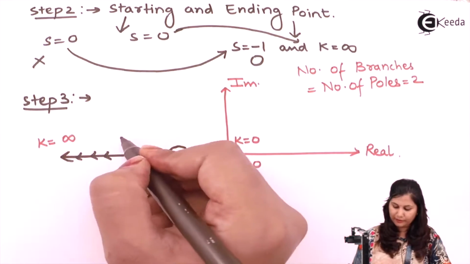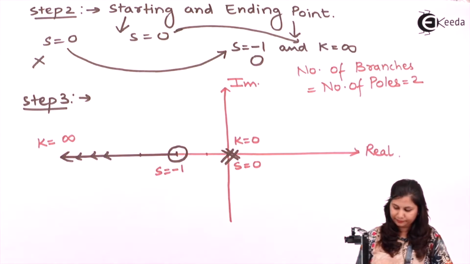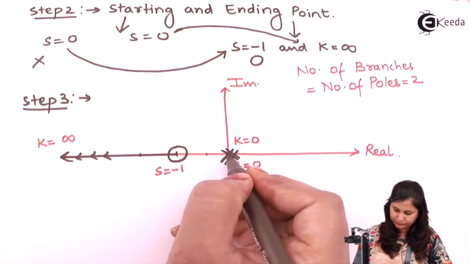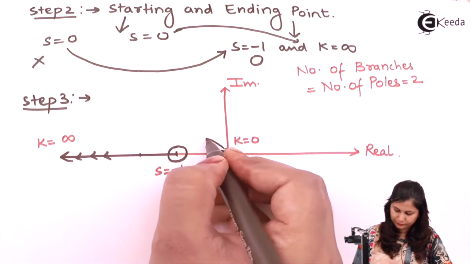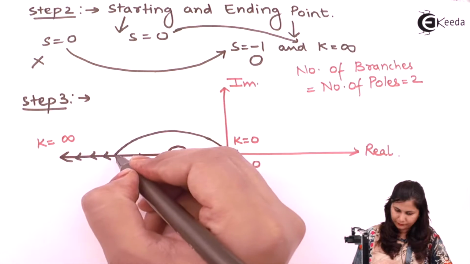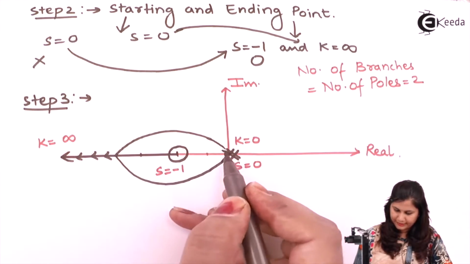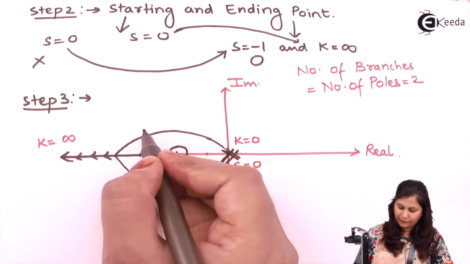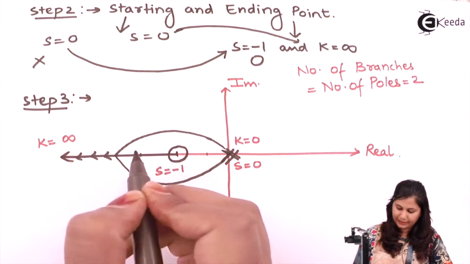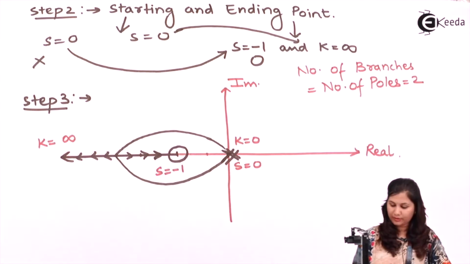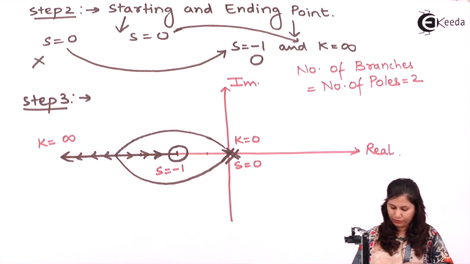So it has to come in this direction, somewhat like this. This is for one pole, and this is for the second pole, and it will start from here and terminate at the zero s = -1. So we have got the direction of the root locus.